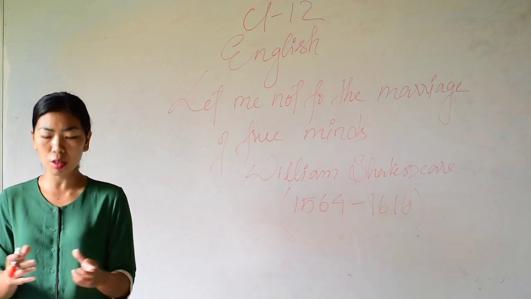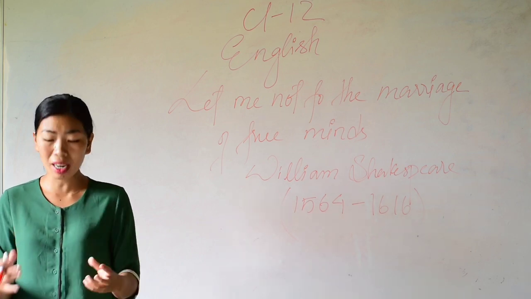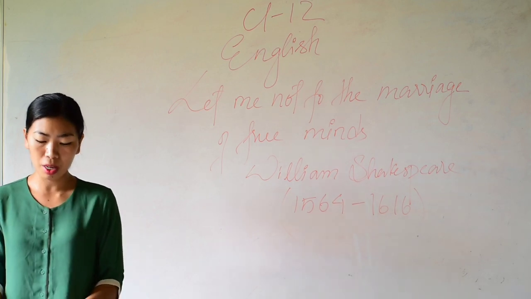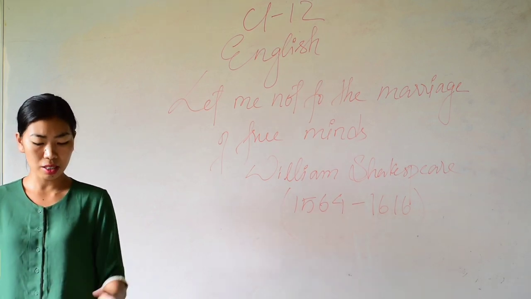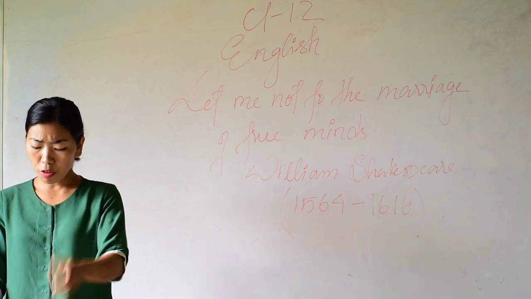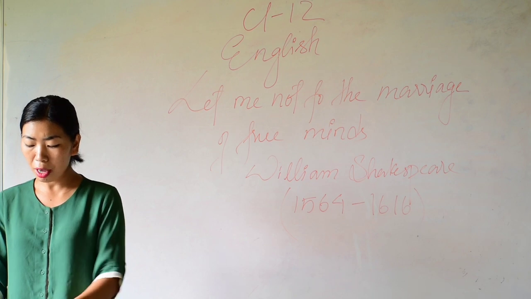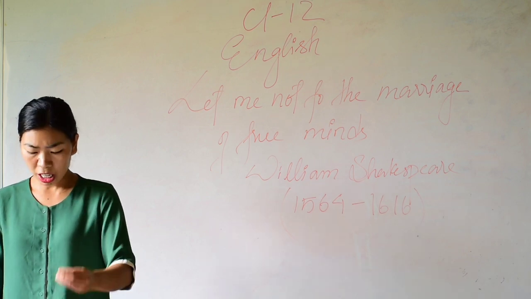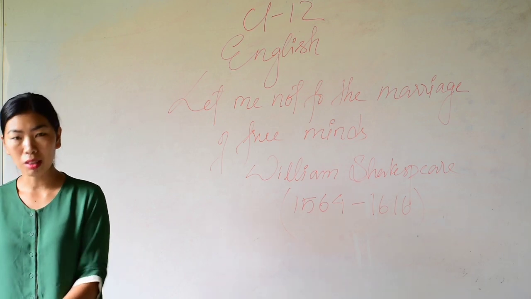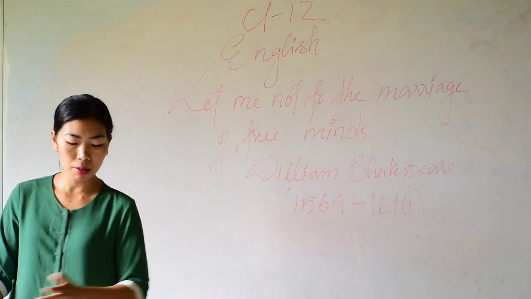They always stay true to one another. It doesn't change and it doesn't bend along with the time. So that is what the first quatrain is trying to say. It follows the rhyme scheme of A, B, A, B, because minds, finds, A, love, remove, B.